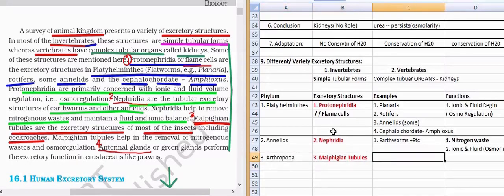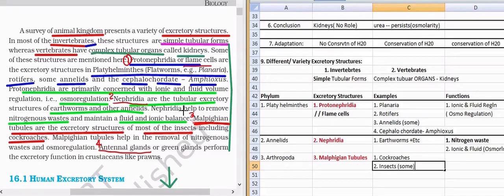What example did he give? The first example he gave is cockroach. The examples are cockroach and some insects, only a few, not all. Some variations will be there in that also.